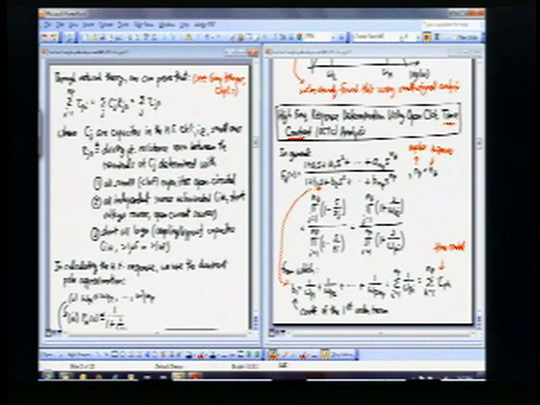They're the small ones. Rj naught is the driving point resistance seen between the terminals of CJ, which I'm going to have to define for you by doing an example. But it's driving point resistance seen between the terminals with all small capacitors open circuited.